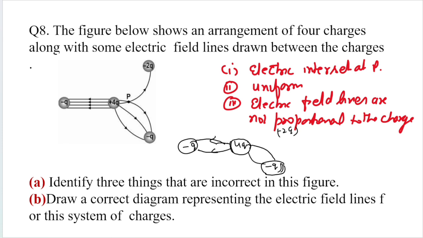Only we draw 2 lines, and they will start from positive to negative. So the number of lines from 4q to minus 2q will be 4 lines, and these lines will move from positive charge to negative charge. Right? This is the correct way to represent the number of lines.